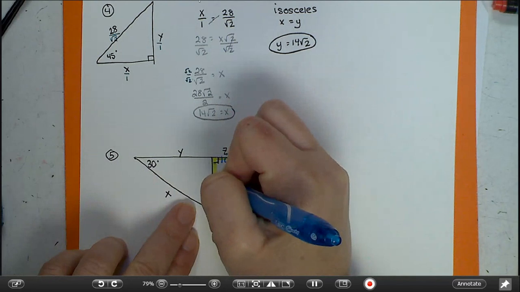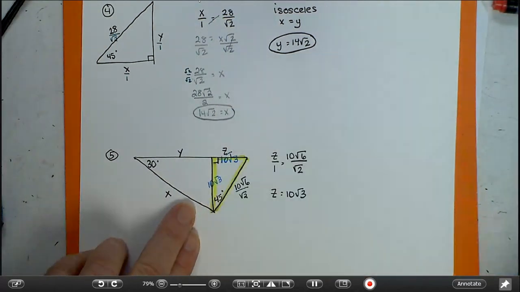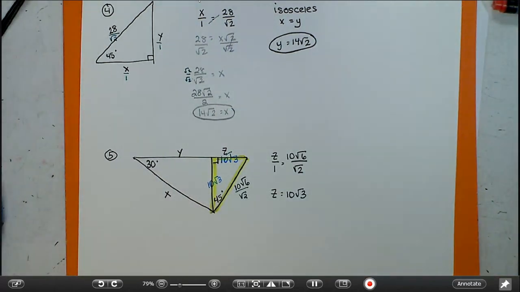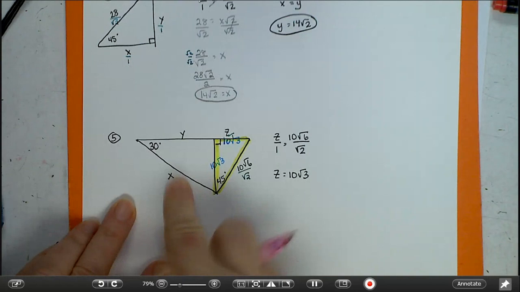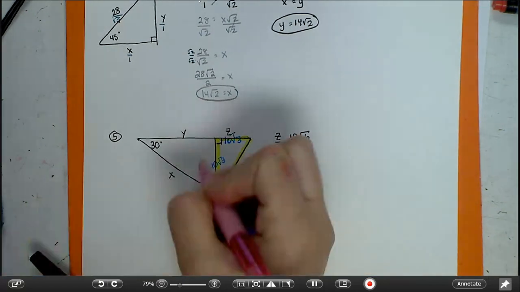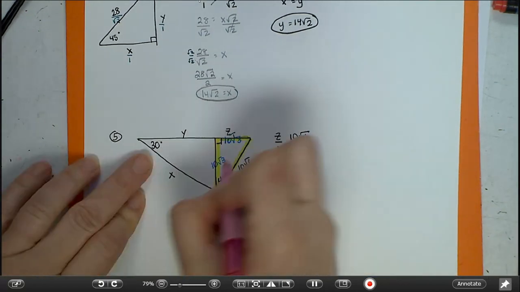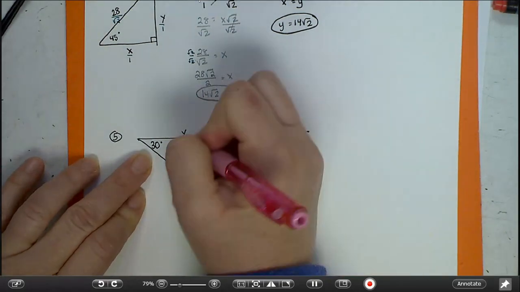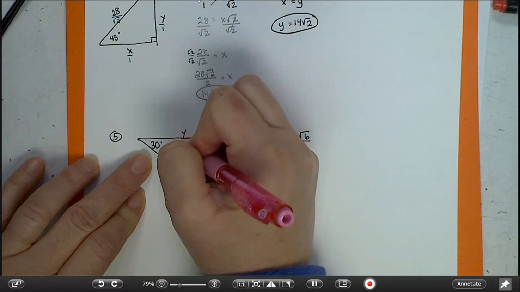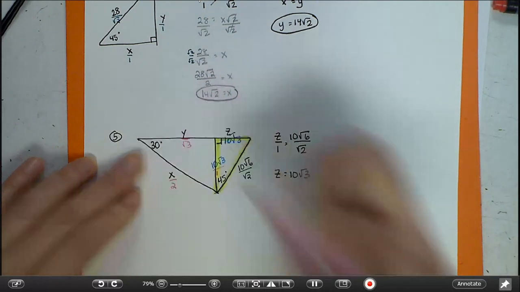So this also needs to be 10 root 3. So now we're going to be looking at the 30, 60, 90 triangle and putting our denominators. So across from the 30-degree angle is always over 1. Across from the 60-degree angle is over the square root of 3, and the hypotenuse over 2.